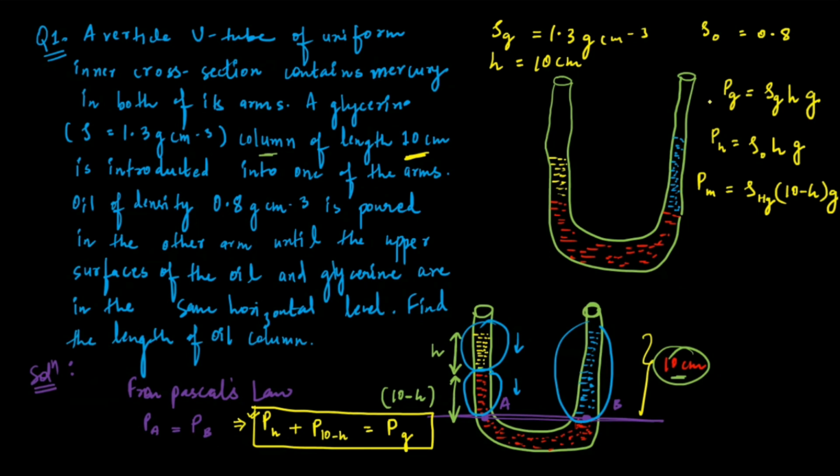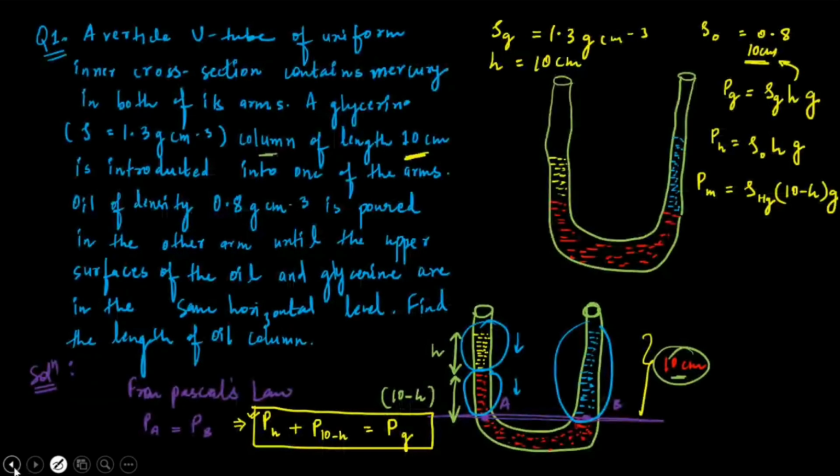Here, for the glycerine, this height is going to be 10 centimeters. So put in the values and tell me the value of the height. Okay, let me write this down.